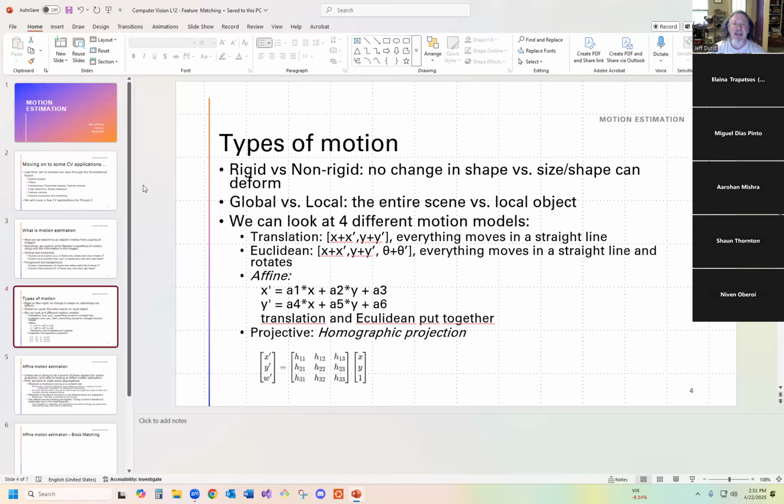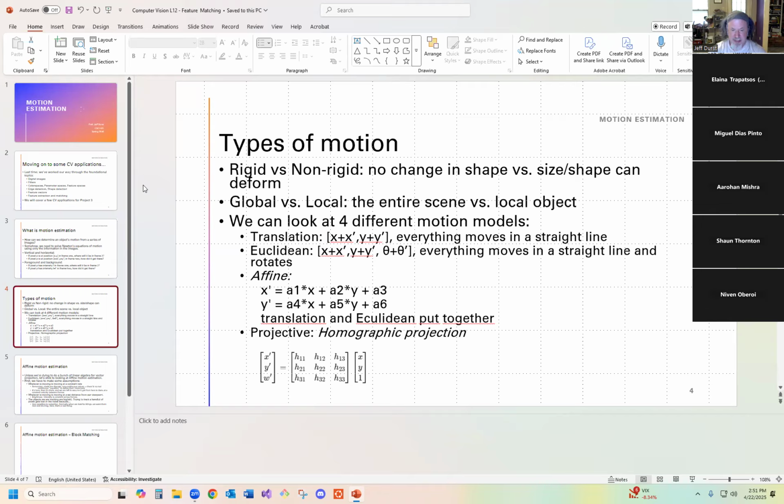When we look at motion inside of the image, we're going to look at a couple different versions. There's this idea of rigid versus non-rigid. If you're looking at an object in an image, you have to decide if you're looking for something that does not deform, does not change shape, and is the same shape in every frame, which is rigid motion, which is pretty easy.